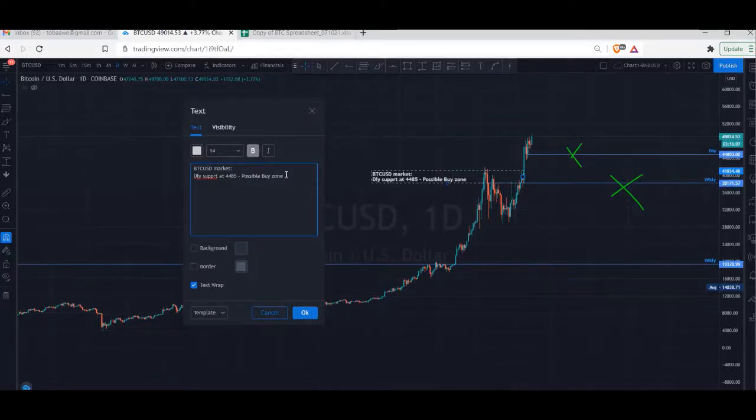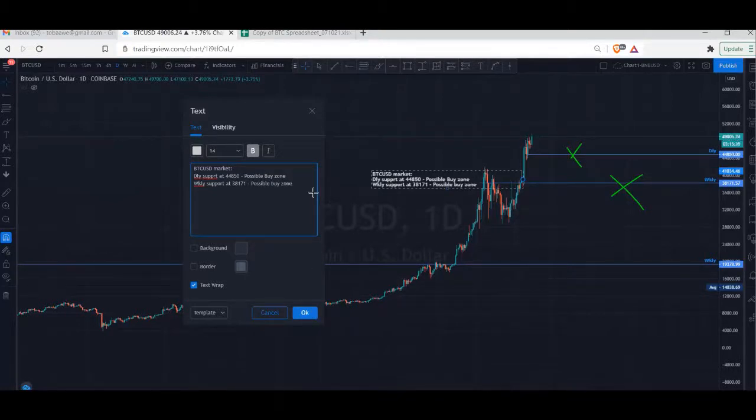Now, also, 44850, possible buy zone. So I have a weekly support at 38171. So that is also a possible buy zone for me.